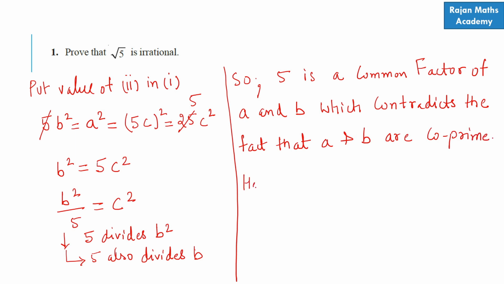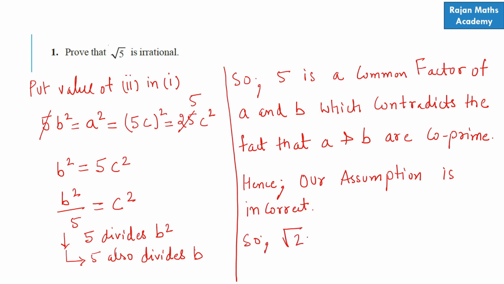Hence, our assumption is incorrect. So root 5 is an irrational number. Next problem.